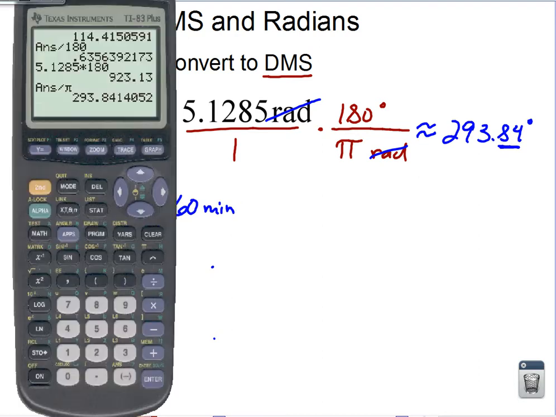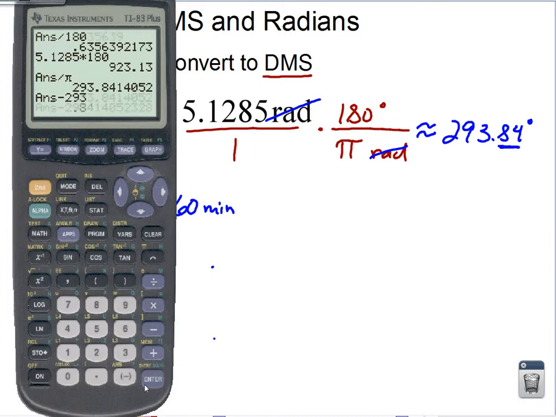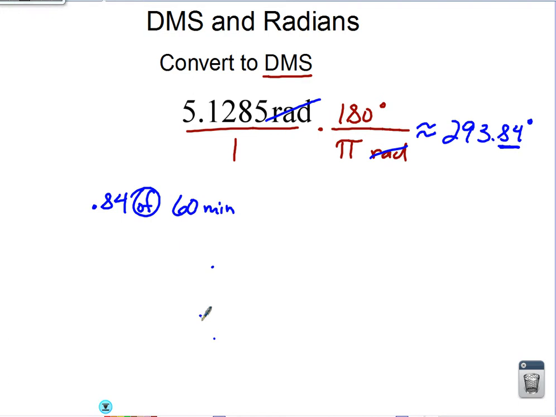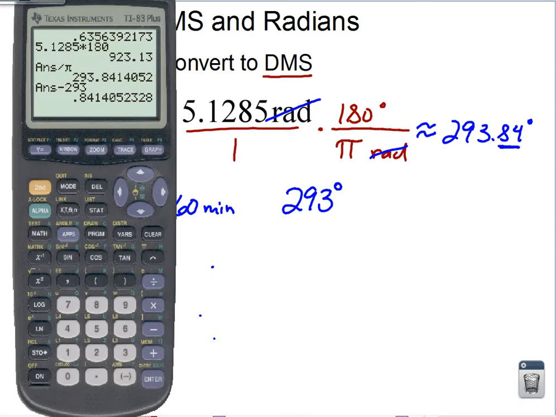So let's bring my calculator back up. I'm going to take off the 293, so I'm just left with the fractional part. You've got 293 degrees. Now I took that off. I'm going to multiply my remnant times 60. You're left with 50.484.